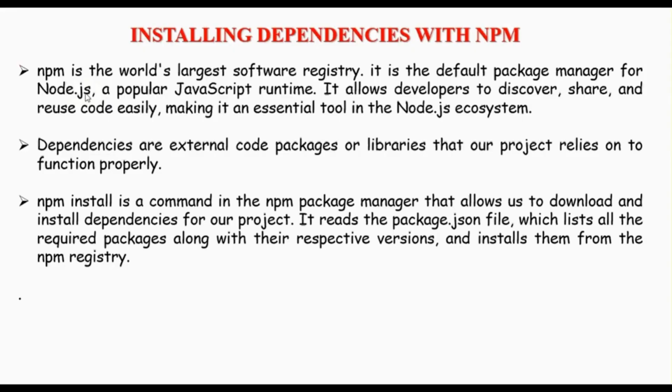What exactly is a dependency in React or in Node? So npm is the world's largest software registry. It is the default package manager for Node, a popular JavaScript runtime. It allows developers to discover, share, and reuse code easily, making it a staple tool in the Node ecosystem.